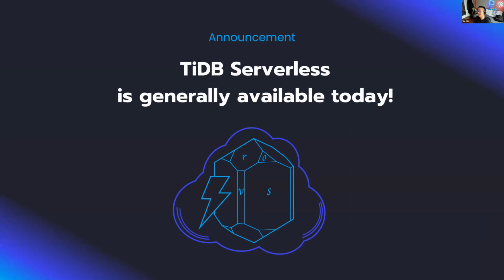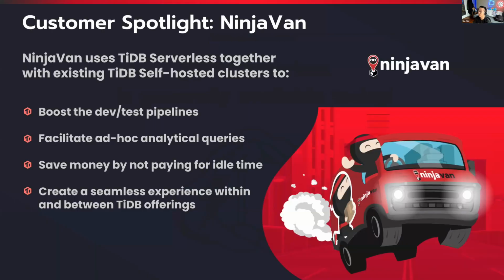Let's see what our customers are saying today. First of all, NinjaOne. NinjaOne is a leading logistics provider with the highest service coverage over 6 or even more countries in Southeast Asia. NinjaOne is already using TiDB self-hosted in their business. And now they are also using TiDB Serverless to build their day-to-day dev test pipelines.